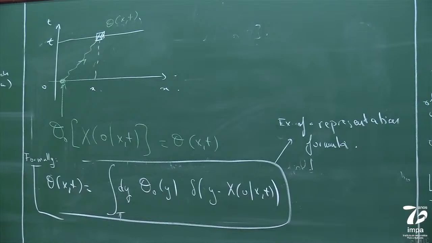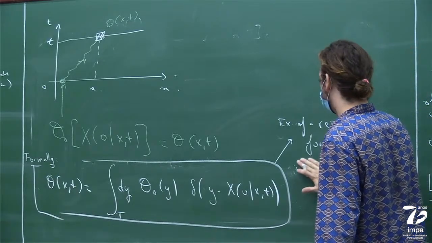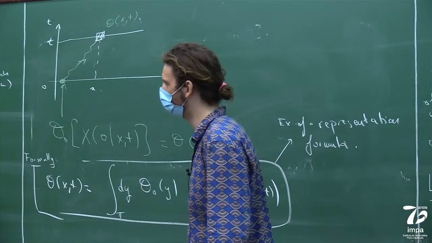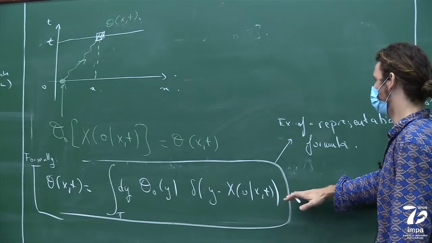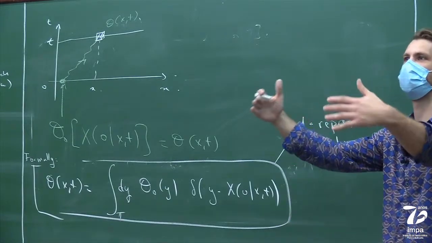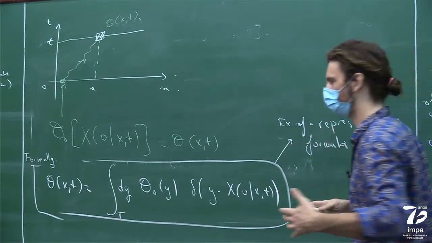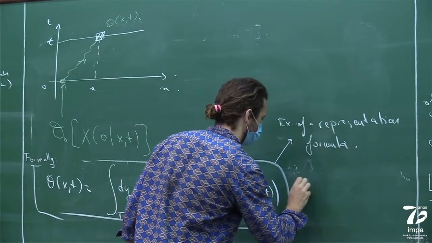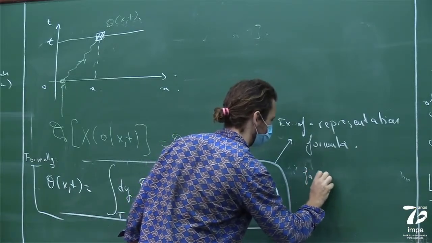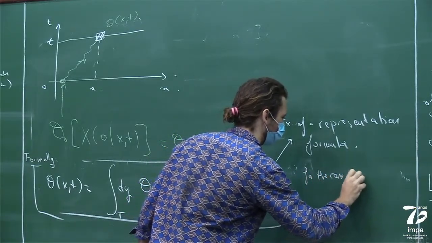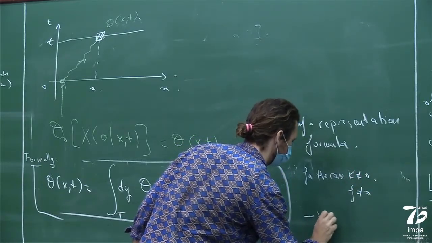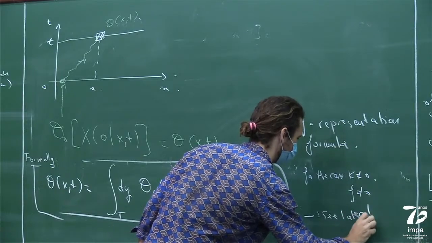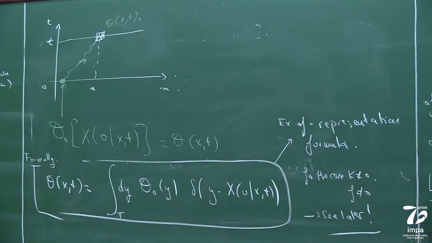We will see that later, in particular when we discuss, a bit later in the course, what happens to this representation formula when we add forcing and dissipation, for the case where kappa is not 0 and f is not 0. This will be interesting.